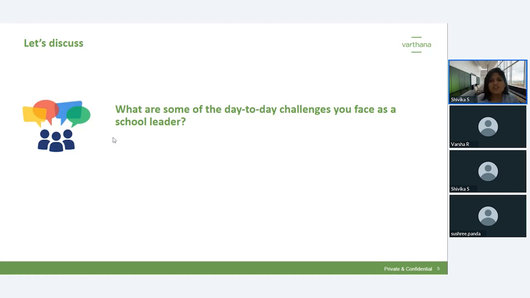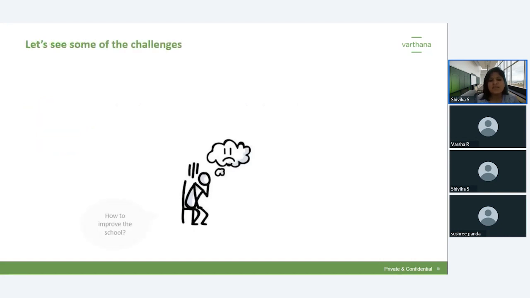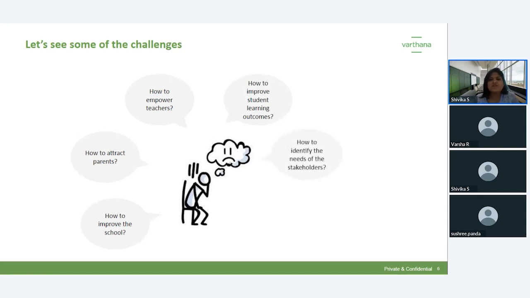Some of the challenges which we face as school leaders, I think one of the constant issues which all school leaders and schools want to improve, is how to improve the school, how to develop the different stakeholders, how to attract more parents, how to engage more parents, how to empower teachers to improve their retention, how to improve student learning outcomes and cater to their needs better, how to identify the needs of a stakeholder and cater to that better, how to excel as the best school, because there's a lot of competition in the market.